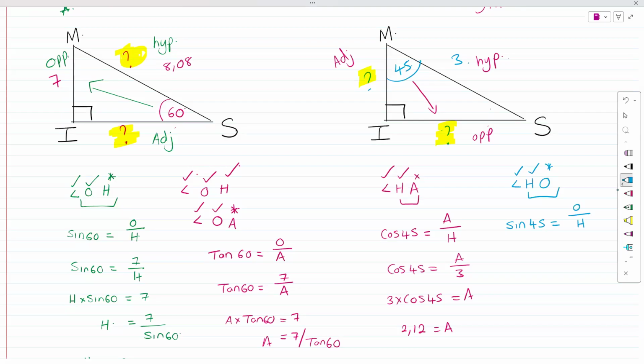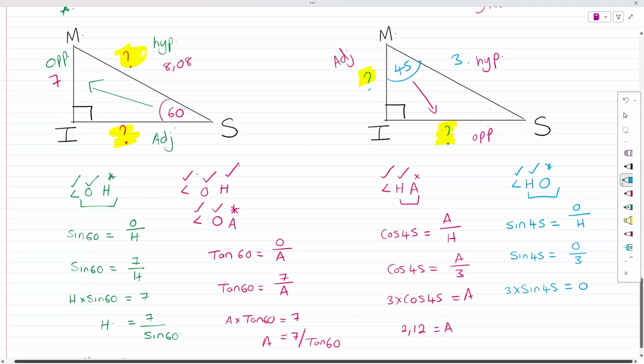Yes. Okay, and then sine of 45 equals opposite over 3. How do I solve? You take the 3 over and you multiply it by sine 45. That's fine. And the final answer would be? 4,24. Okay. Double check that one for me.